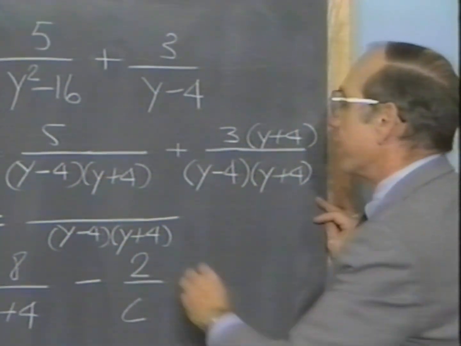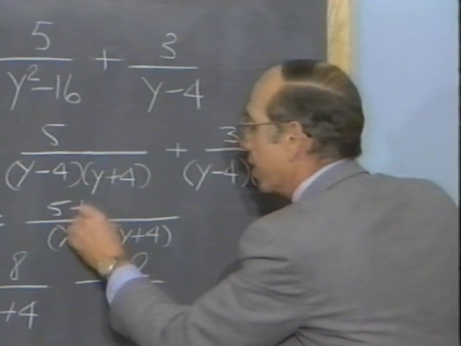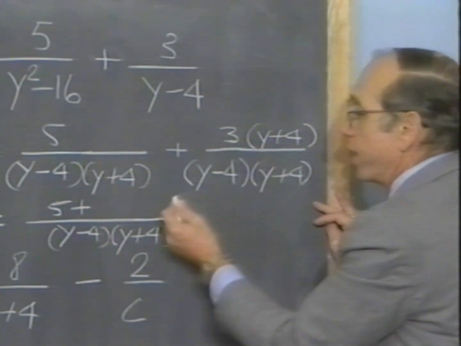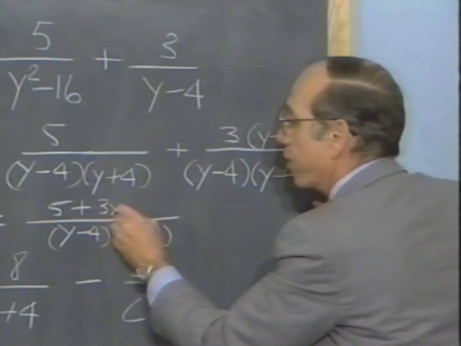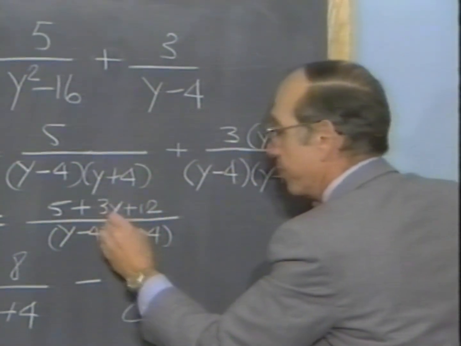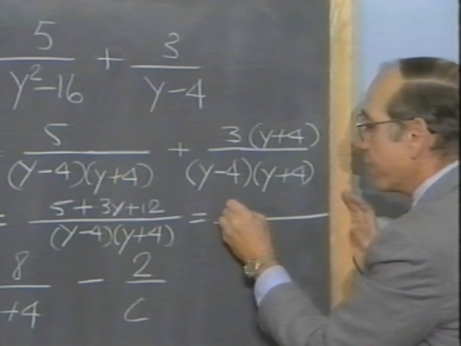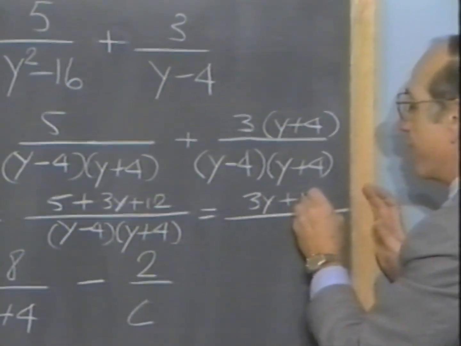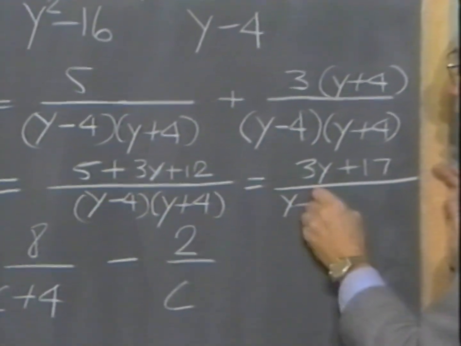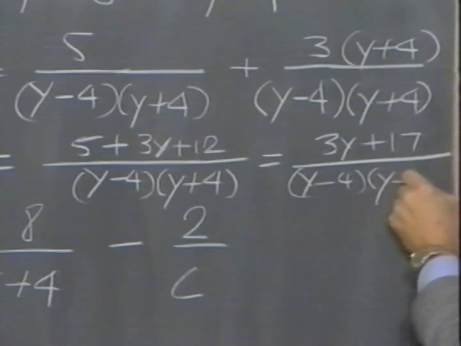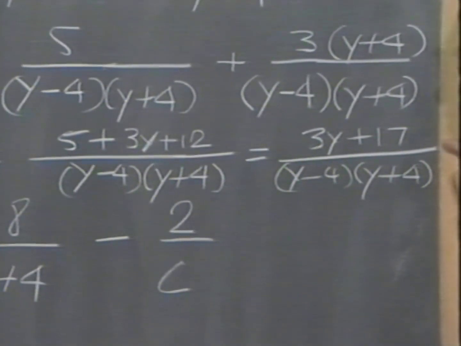And in the numerator, I have 5 plus 3 times y plus 4, which is simply 3y plus 12. Combining like terms in the numerator, I have 3y plus 17 over y minus 4 times y plus 4.